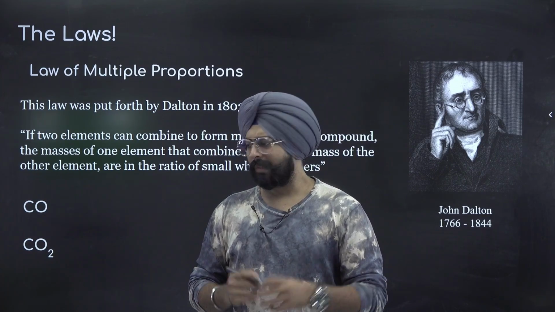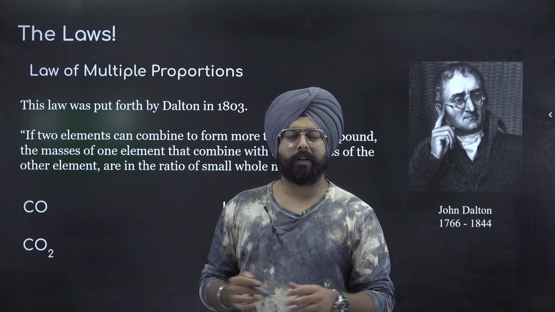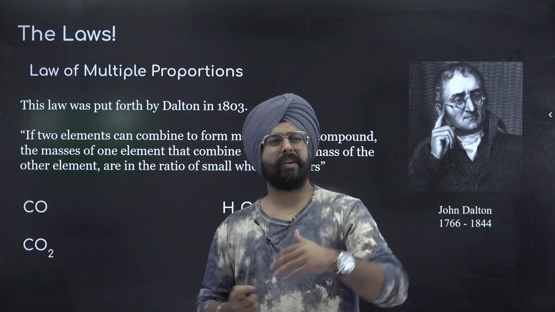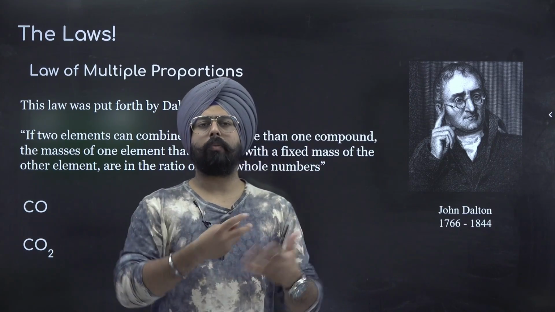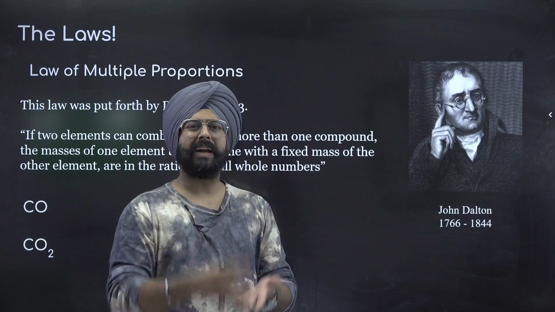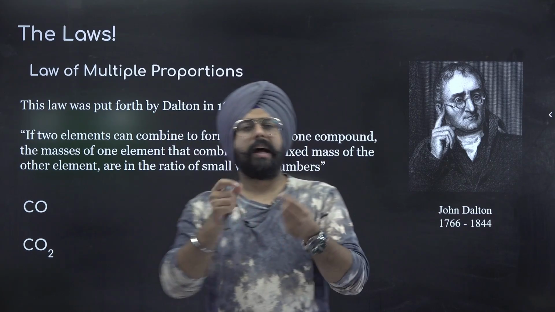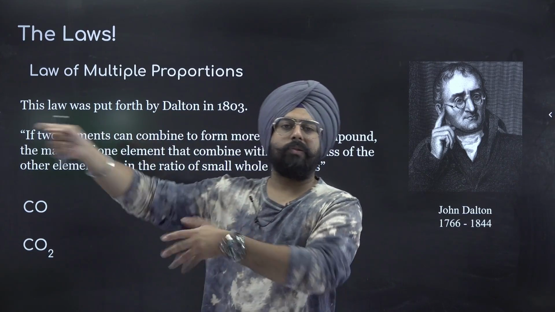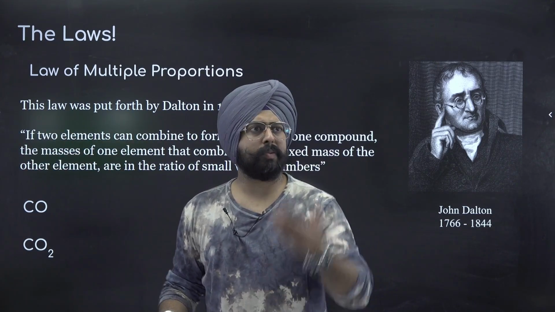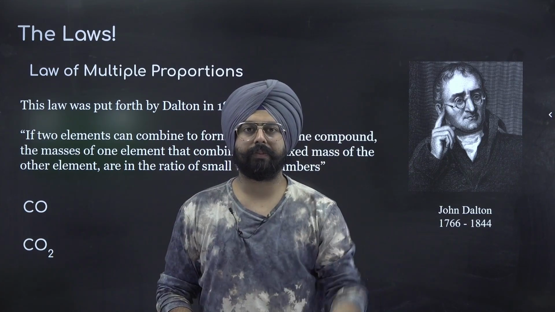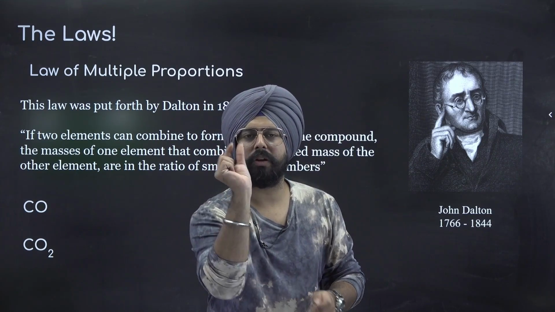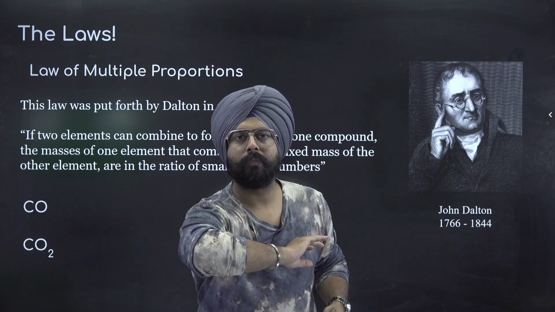Fine. Atoms remain atoms. That's the point. So, now that we understand things happen because of combination of different atoms, you can't break atoms, and therefore the ratios will never be like 0.625 atom combines with 0.752 atom. No, right? It will always be 1 with 2 atoms, 5 with 7 atoms. It will always be a beautiful whole number ratio.